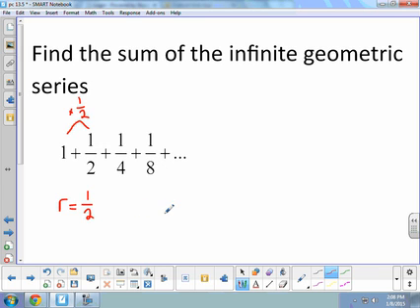Then it just becomes a matter of plugging it into the formula. S is going to be your first term over 1 minus your common ratio, which in this case is 1/2.